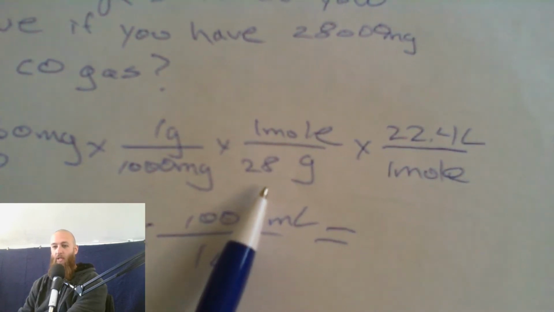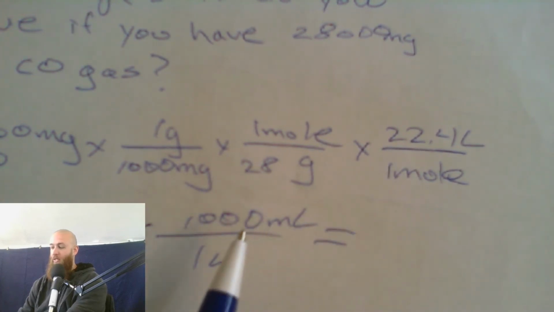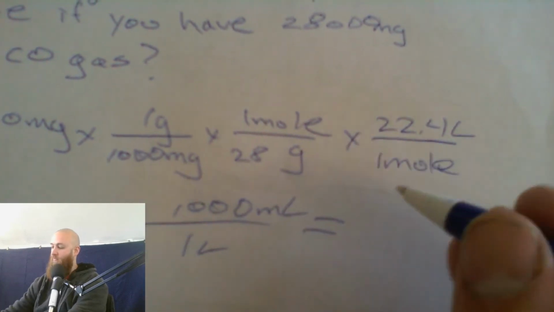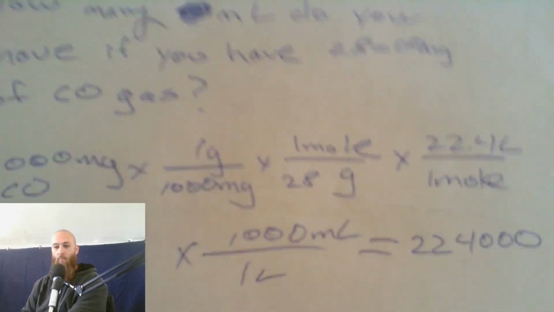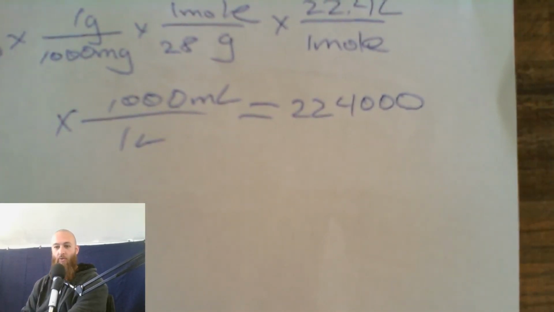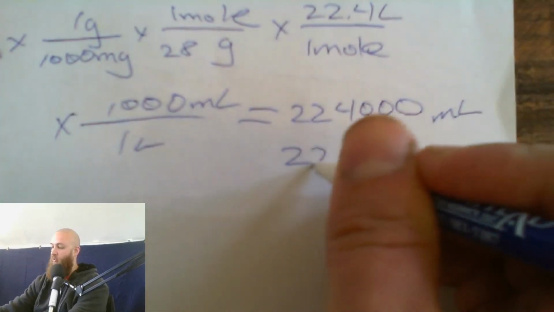Right? 1 times 22.4 is 22.4. 22.4 times 1,000. All right, there we go. So now I need to just round that to the correct number of sig figs.